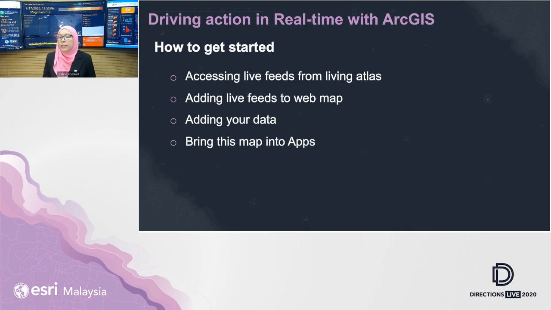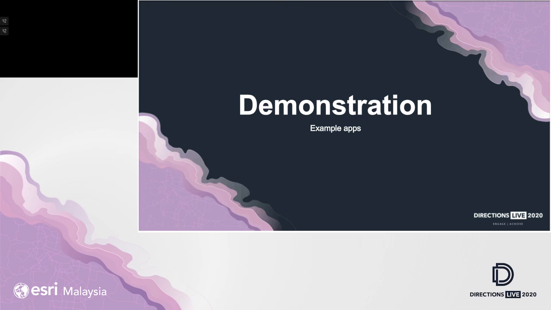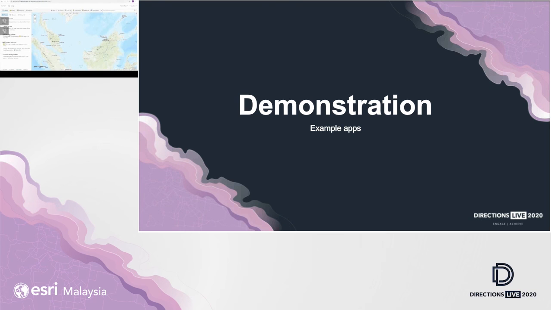From this information, you can add the live feed to the web map, and you can add any other additional data that can support you during the incident and bring this information to the application. Let me demonstrate to you how easy it is to get started and access all that information. You can create the application using the map that you created earlier.